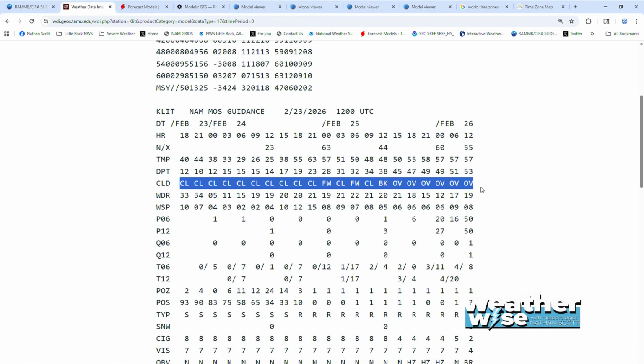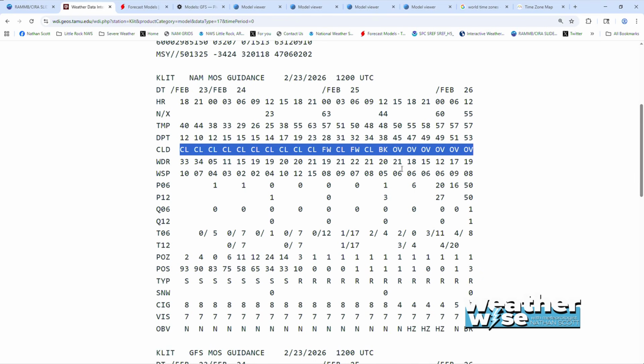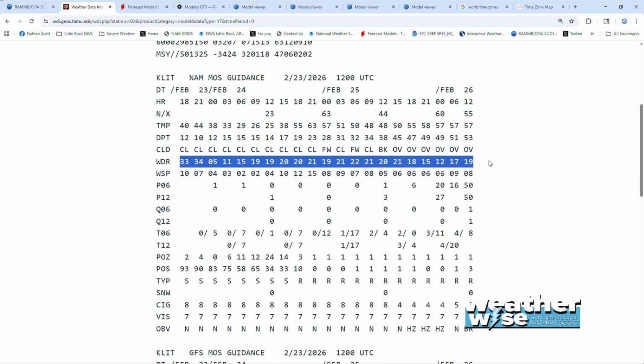Your cloud cover, so clear, clear, clear, clear, clear with the CL. FEW is few. BKN is broken, so more scattered clouds, and then OVC is overcast. So according to this, looks like clouds will be on the increase. This is your wind direction, which uses 0 to 360 degrees.